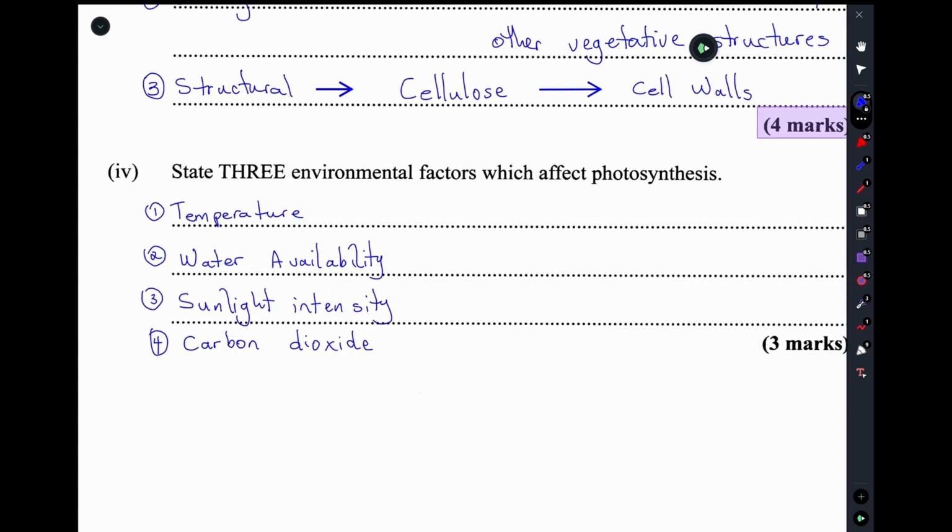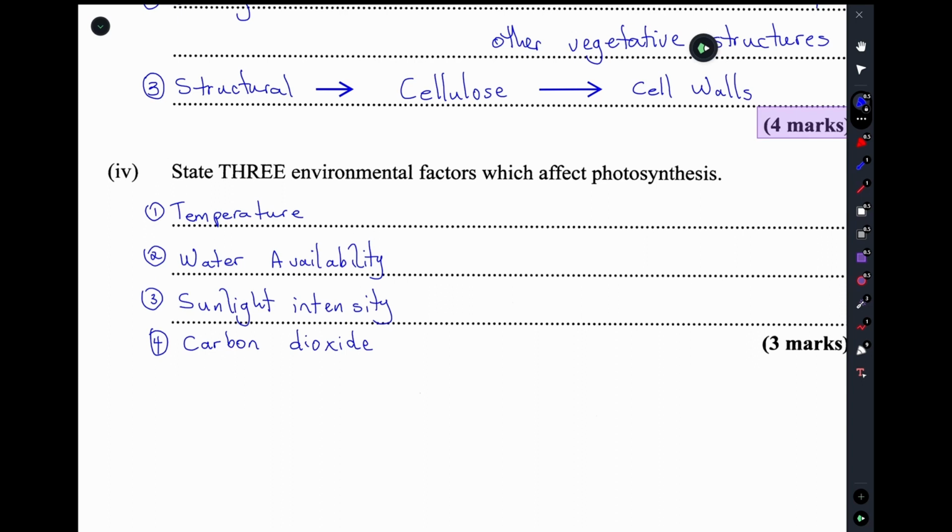Now, just because the question says list 3 does not mean that you are obligated to stop at 3. You could list as many as you want, but my advice is to list the 3 factors that you are most certain of first. So we have, first of all, temperature.